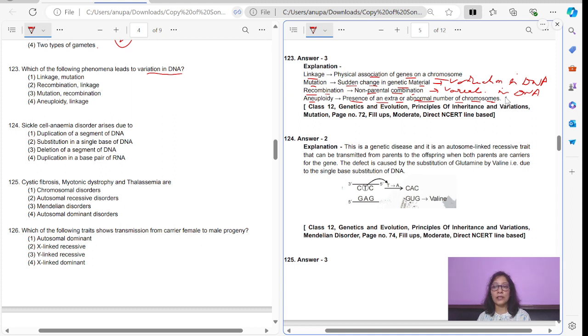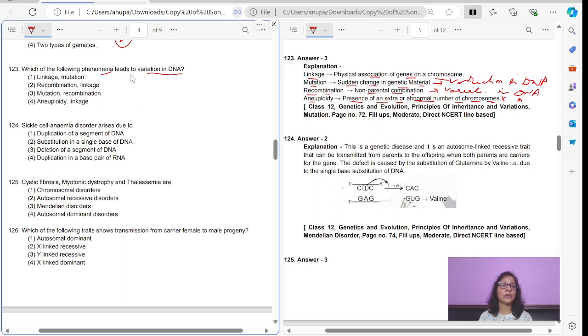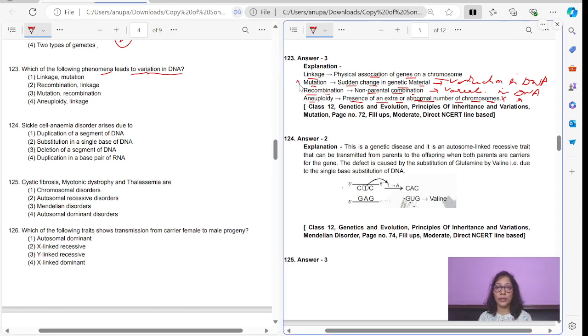It also changes the chromosome, but it can't change the nature of DNA. So here we have to find the phenomena which lead to variation in DNA. We have found only two phenomena, mutation and recombination.